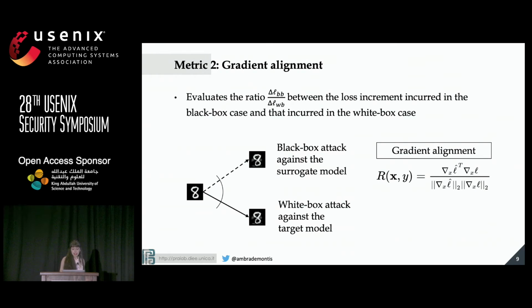It evaluates the ratio between the increase of the loss if we compute the attack in the black box case with respect to the one in the white box case. We call it gradient alignment because that's basically the cosine between the gradient of the loss that we have if we consider the target and the one that we have if we consider the surrogate.